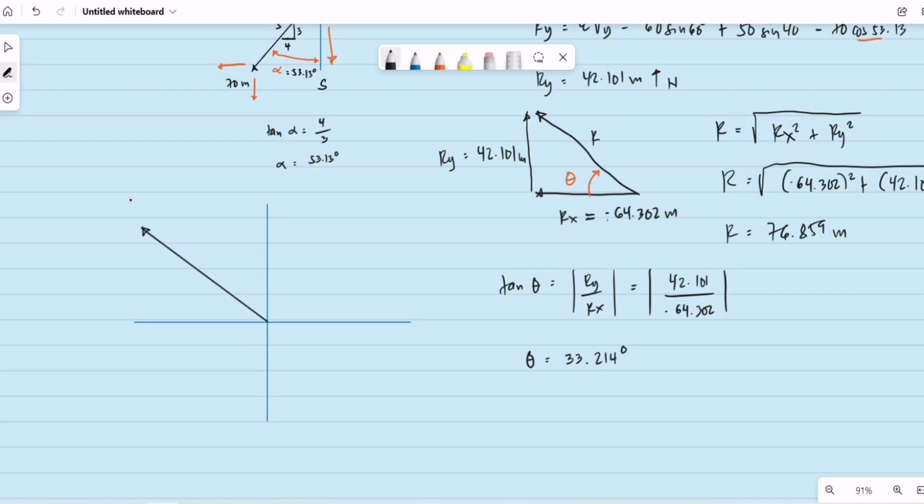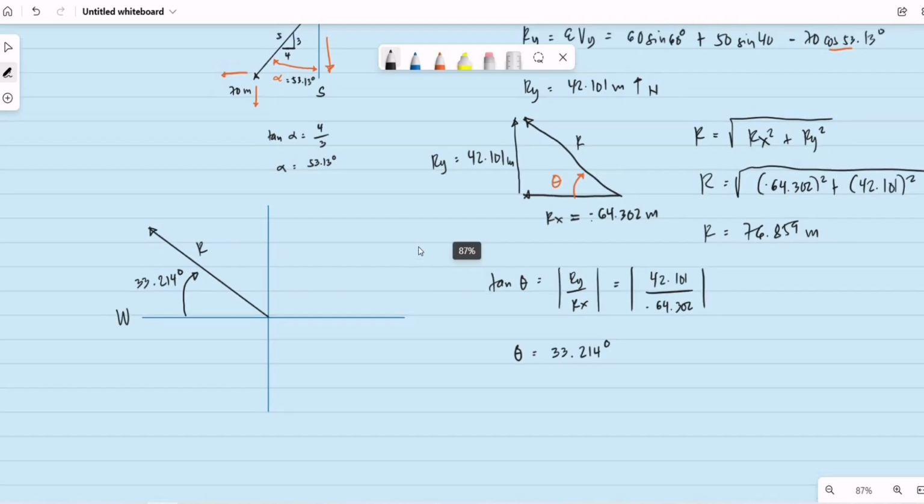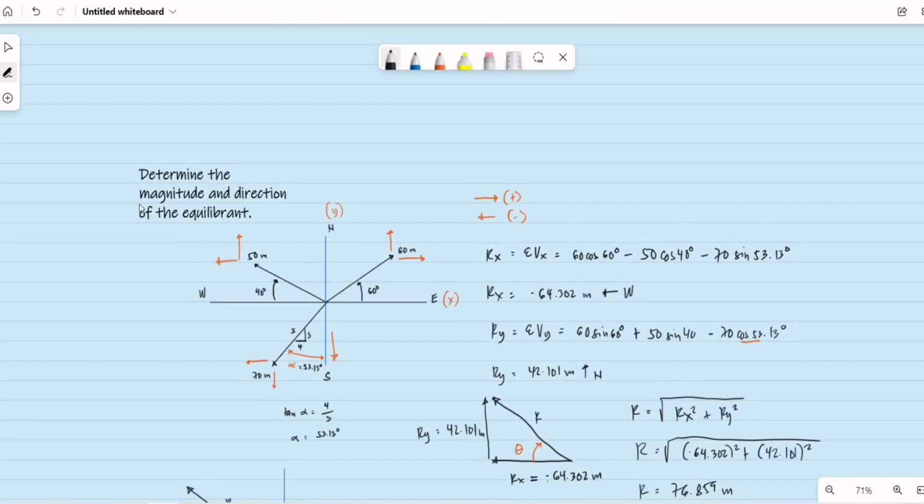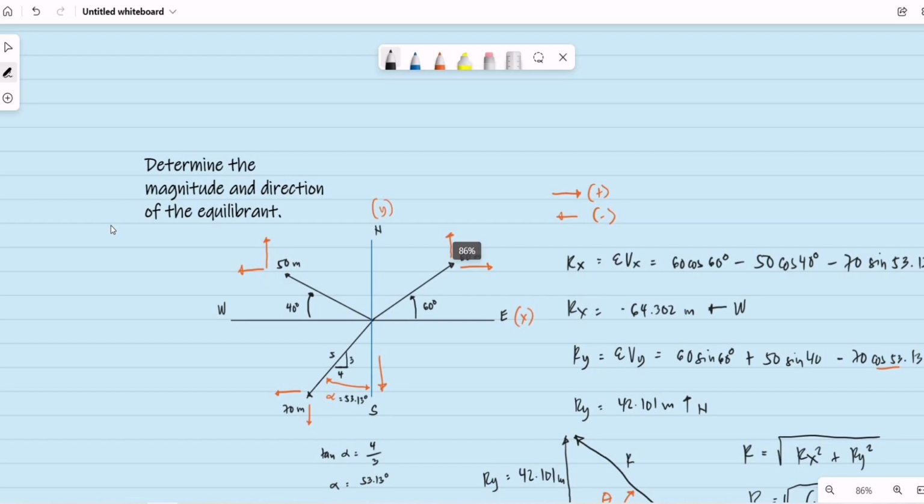The direction of our resultant R, based on the computed angle, from the west direction, is equal to 33.214 degrees.